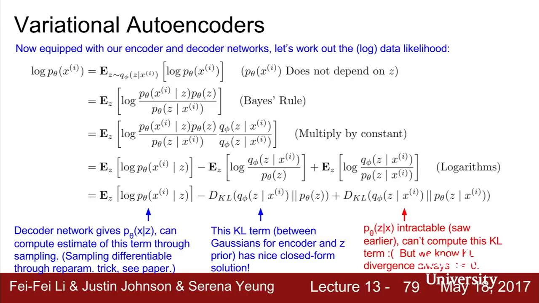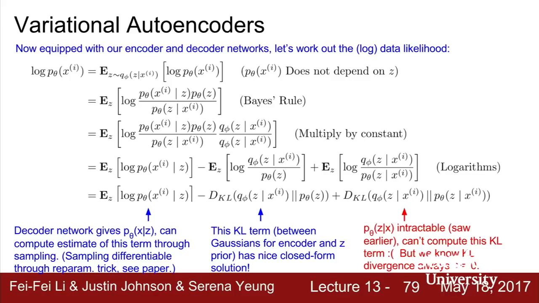But basically, we can now compute this term. And then the second KL term is a KL between 2 Gaussians. Our q of z given x, remember our encoder produced this distribution which had a mean and a covariance. It was a nice Gaussian. And then also our prior p of z, which is also a Gaussian. So when you have a KL of 2 Gaussians, you have a nice closed form solution.